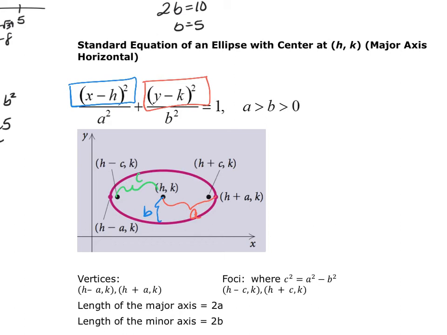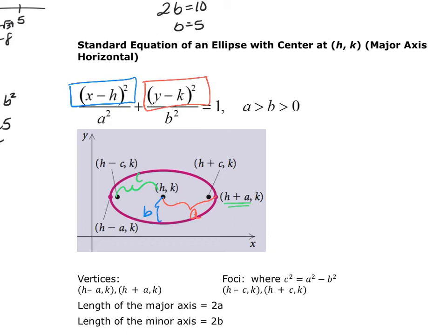If my major is along or parallel to the x-axis, then I take my A and add that to my H part of my center to find my majors.